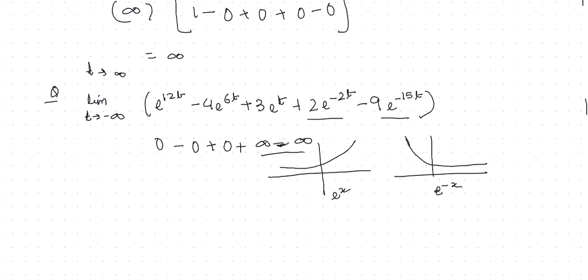So we factor out the largest exponential, and by largest we mean the distance from 0. So that is here negative 15, so we factor out e raised to power negative 15t.